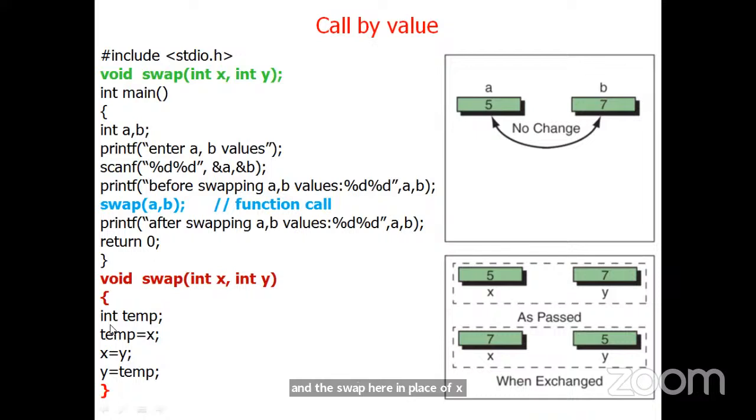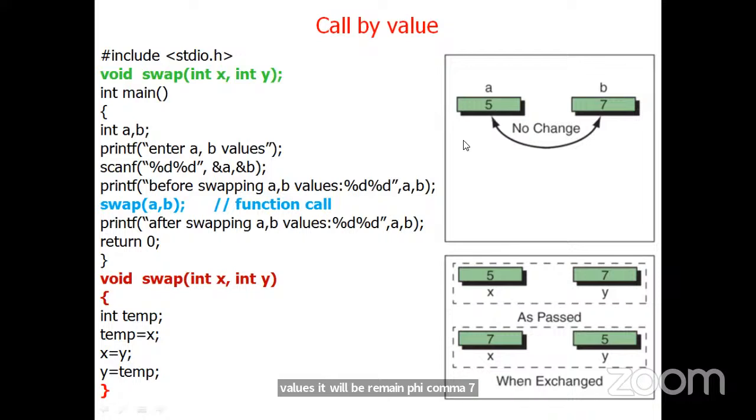Once this block is closed, after this I am going to explain the scope and life of variables. This X and Y I can access only here. So when it goes to after swapping, A comma B values will remain 5 comma 7 only.